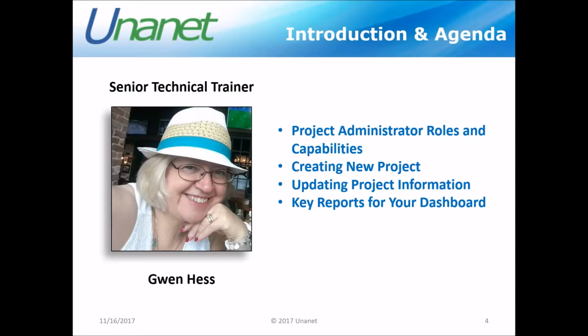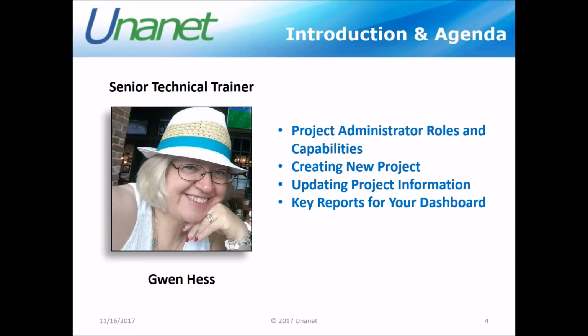We're also going to talk about how we create a new project within Unanet. So when you have that new contract that you need to set up a project on, how do you go about doing that? We're also going to talk about how we update some of the more common project information within Unanet.